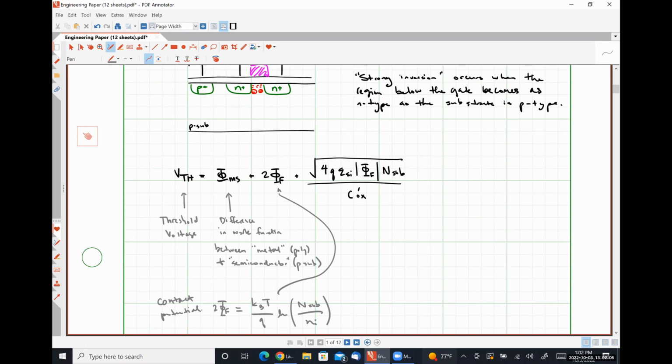Charge, exactly right. So this big ugly thing right here is literally just the charge stored in the depletion region. That's it. Charge stored in the depletion region divided by the oxide capacitance gives us the voltage difference across the depletion region.